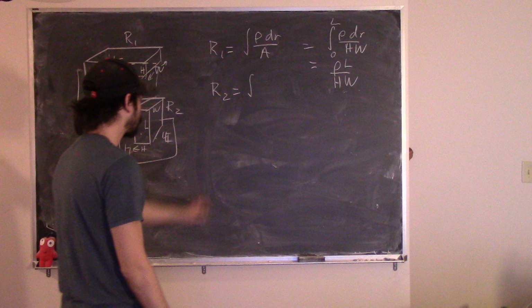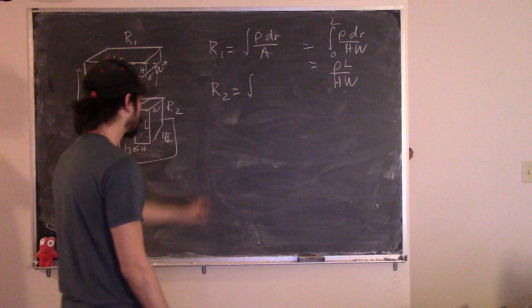I can cancel my I1s and then plug in what R1 and R2 are. So R1 is going to be rho L divided by HW. And this is going to be equal to R2, which is rho H divided by LW times 4. So we can cancel our rhos.